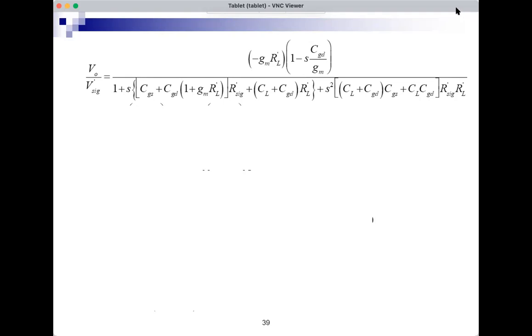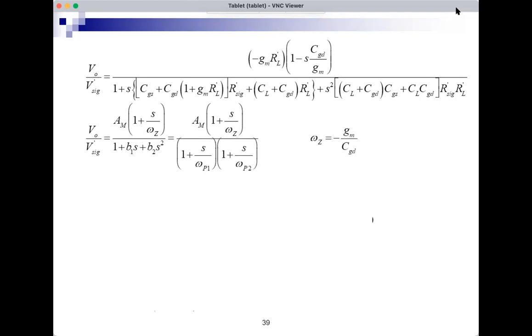But then, after looking carefully at this function, it's really just a function of this, which we can write in this form.